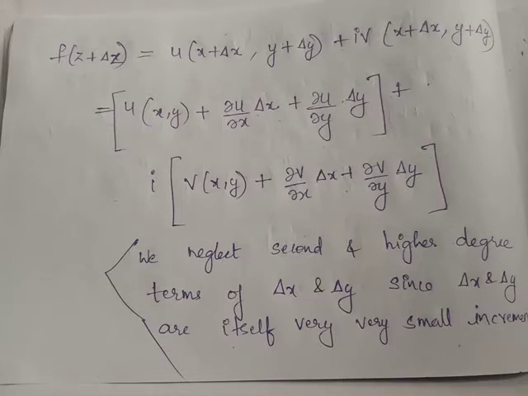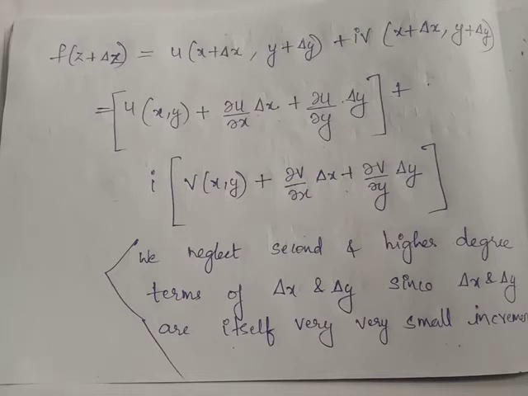So we have f of z plus delta z given by u of x plus delta x comma y plus delta y plus i times v of x plus delta x comma y plus delta y. If we apply Taylor's theorem to both functions u and v, which are functions of two variables x and y, then u of x plus delta x comma y plus delta y becomes u of xy plus dou u by dou x delta x plus dou u by dou y into delta y.